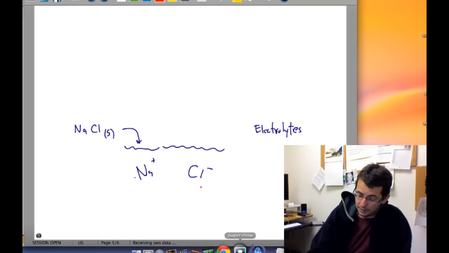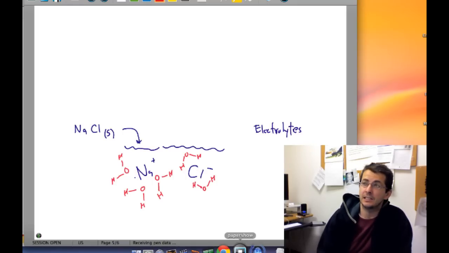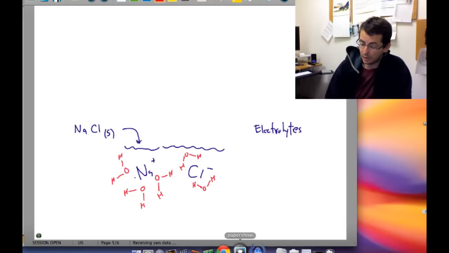The water molecules will interact in specialized ways with the individual ions, muting the attraction between them and allowing them to be separated from one another. They'll actually stay pretty close together in solution, but they are physically separated. These are what we call electrolytes.